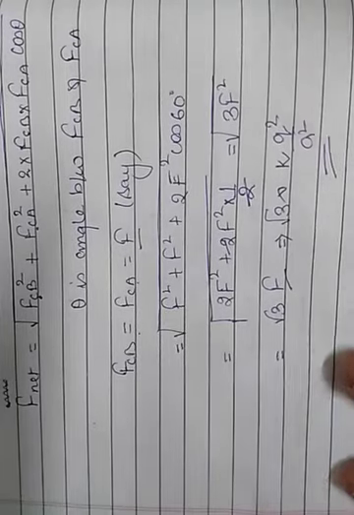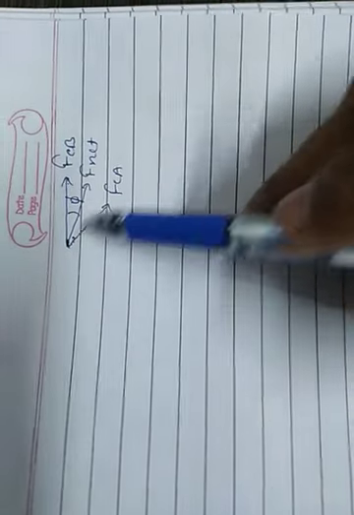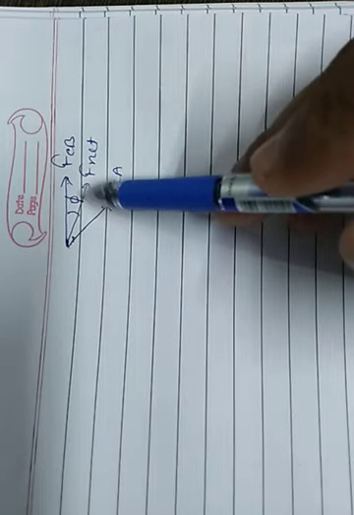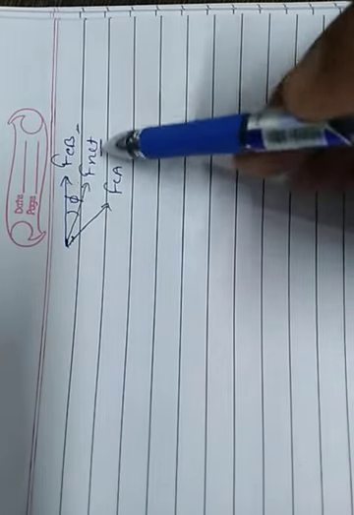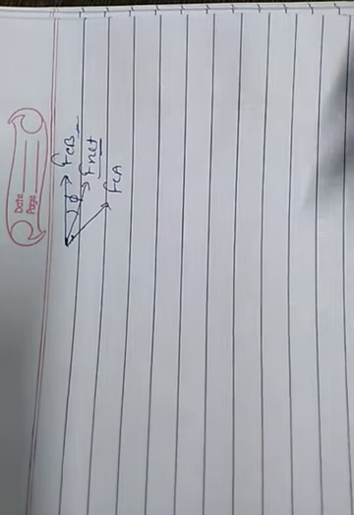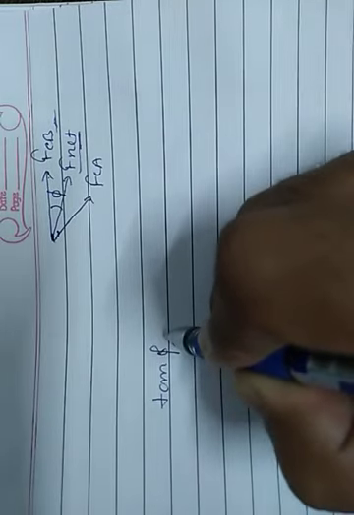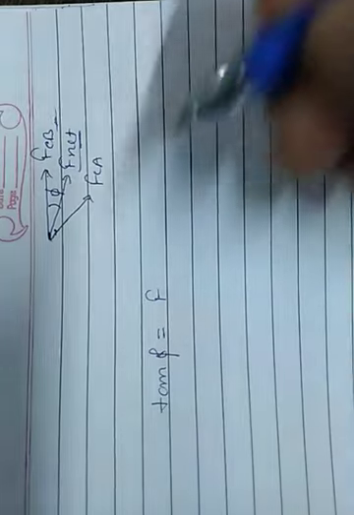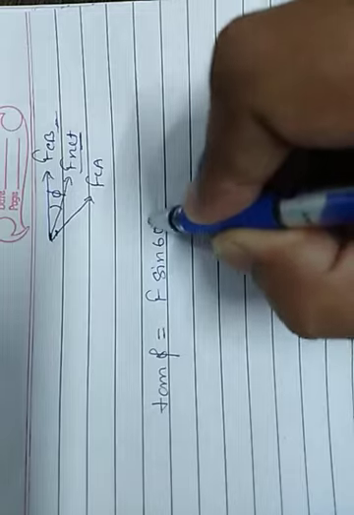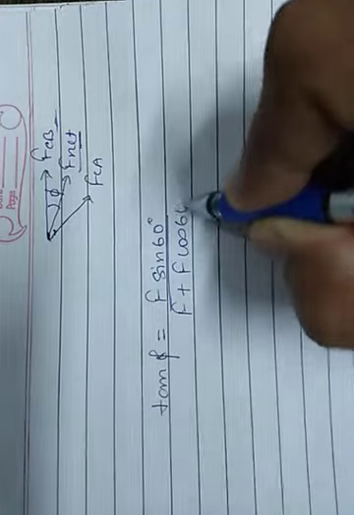Now we'll find the direction of this force. So this is vector FCB, this is vector FCA, and this is the resultant of the two forces. Let phi be the angle between this resultant and FCB. We know the formula that tan phi is equal to, as the two forces have the same magnitude, F sin 60 upon F plus F cos 60.